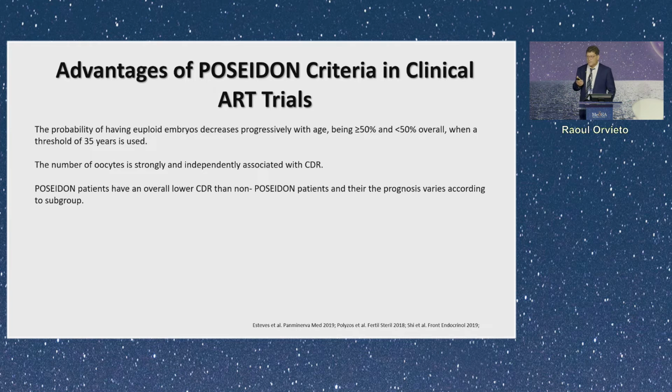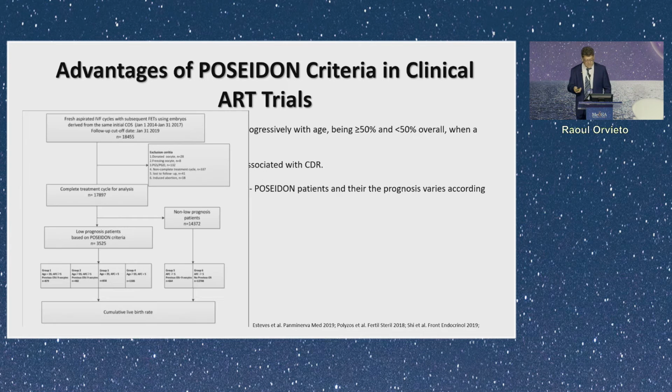These two observations are included in the POSEIDON criteria, and because they are included, POSEIDON patients have an overall lower delivery rate, low prognosis, and when you look at the subgroups of the POSEIDON criteria, you can see that the prognosis also varies according to the subgroup.